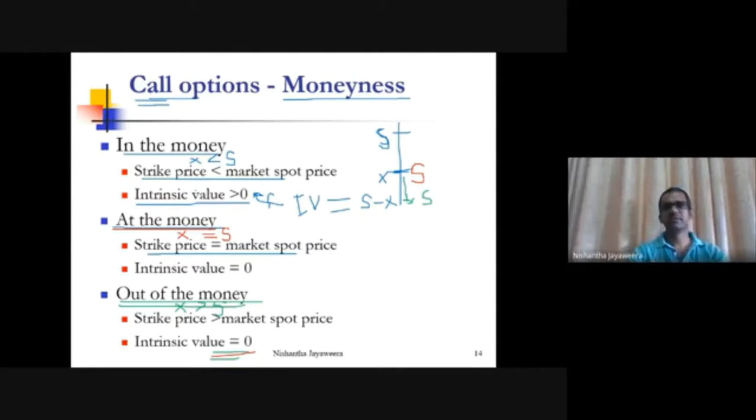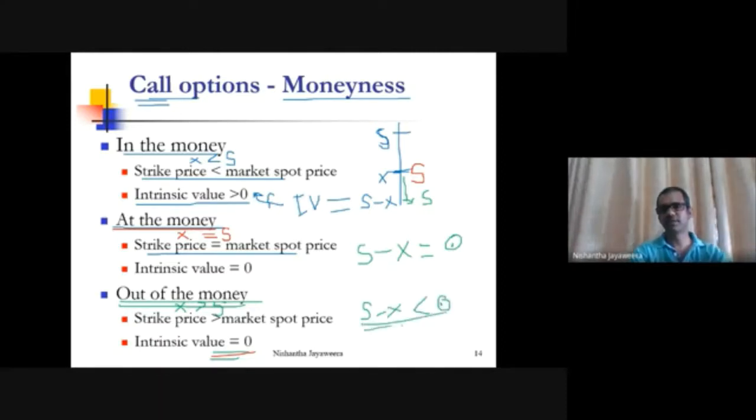In the at the money case, if you calculate S minus X, it would be 0. In the out of the money case, if you calculate S minus X, it would be negative. But in the intrinsic value, we don't consider this negative figure. We consider 0 because you are not going to exercise this option.